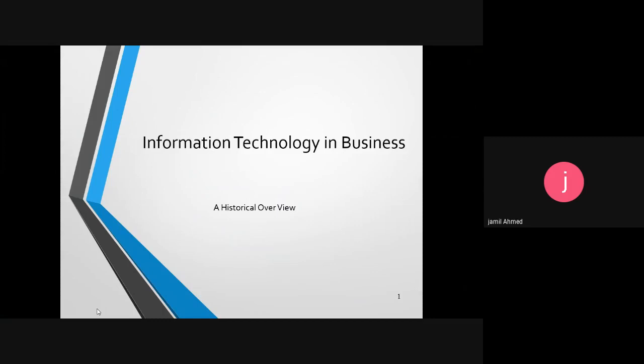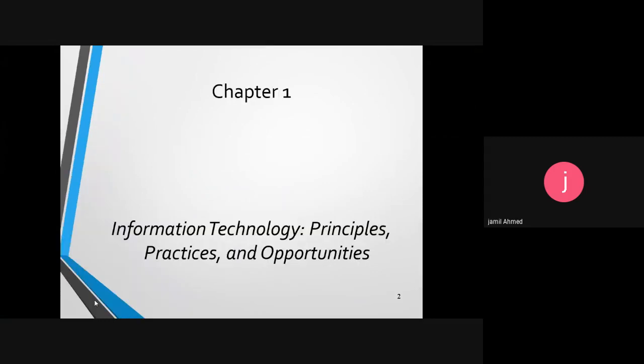From financing, taxing, applications are available, and we will discuss briefly, but here we will see the historical overview of information technology in businesses. So, in this chapter, we will cover information technology principles, practices, and opportunities.